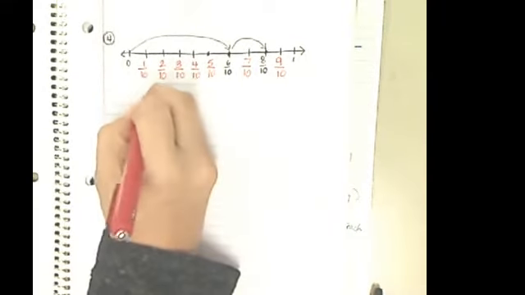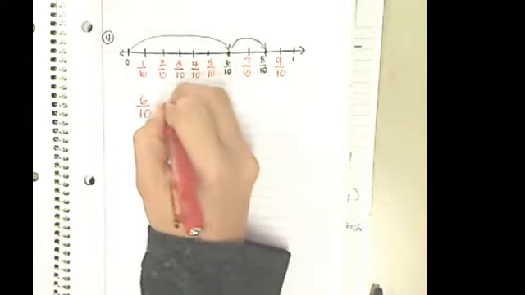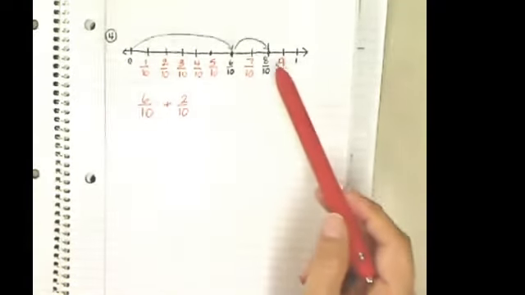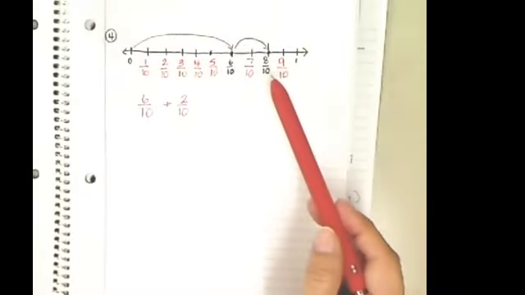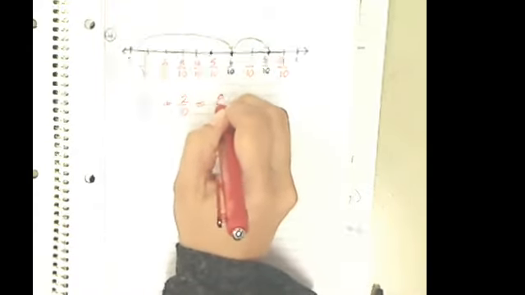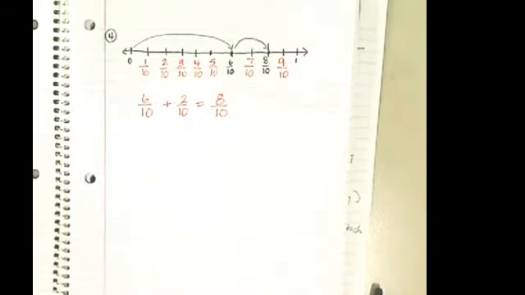So if we had 6/10 to begin with, and then we added an additional 2/10, where the arrow ends up is actually 8/10. And that one on your test review is answer choice B. Okay?